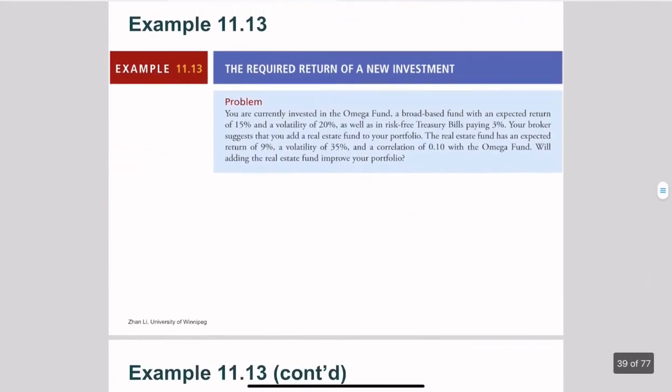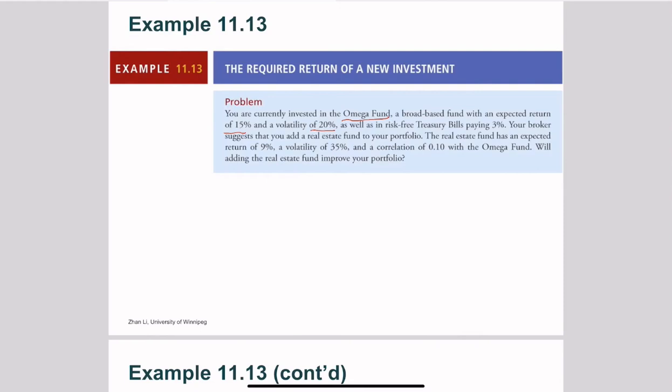Let's see this example here. Now let's say you're investing in the so-called Omega fund, right? So this Omega fund, this is your original investment. And this fund has an expected return of 15% and a volatility of 20%.